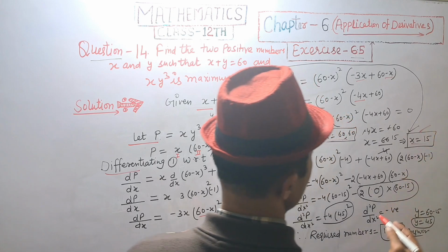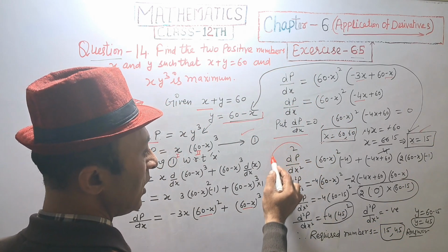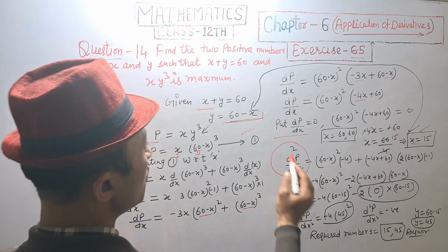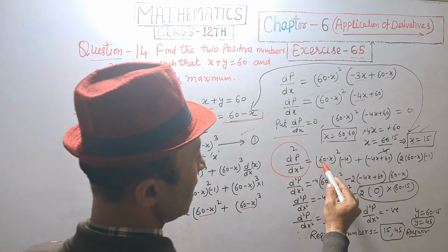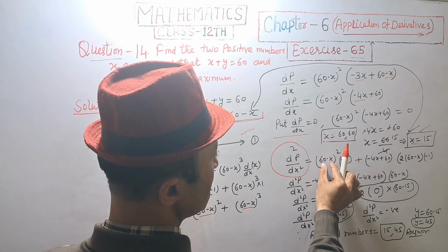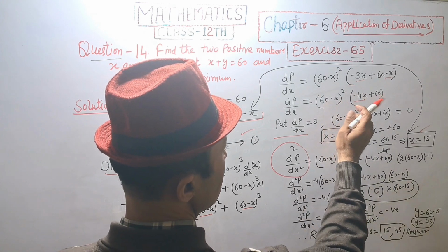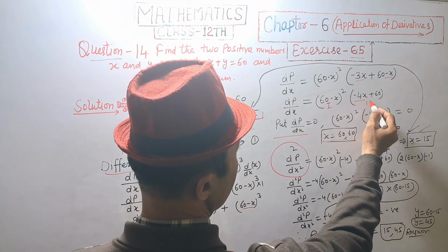Now the double derivative d square p upon dx square to find the value of maximum or minimum. Double derivative: (60 minus x) square as it is, its first function, and its second function.